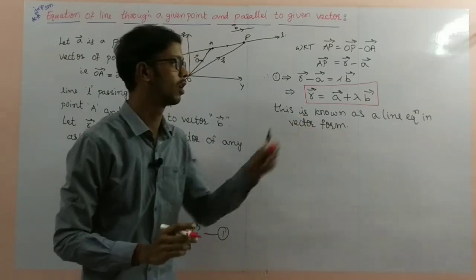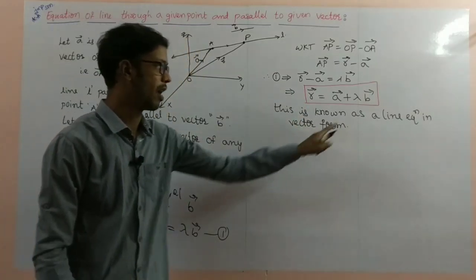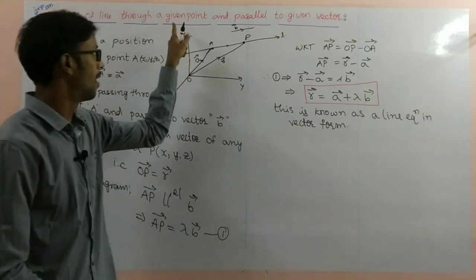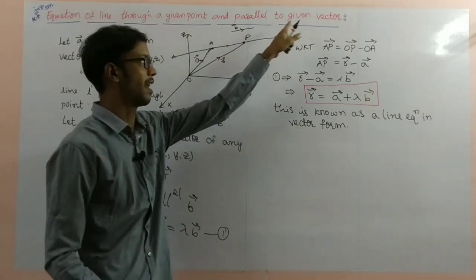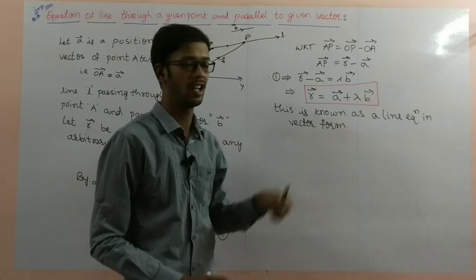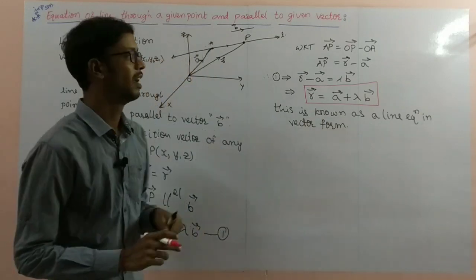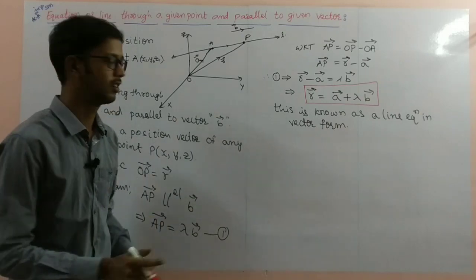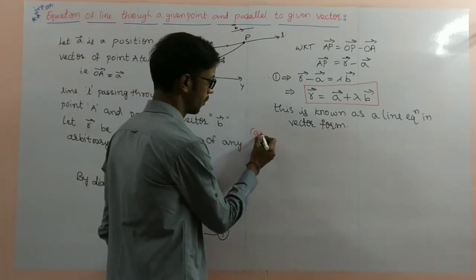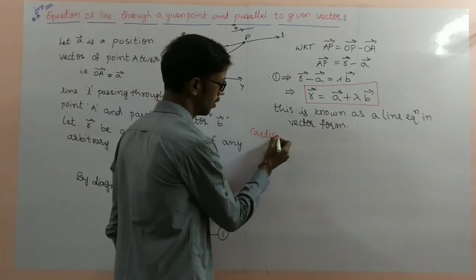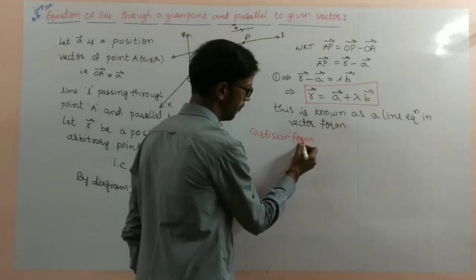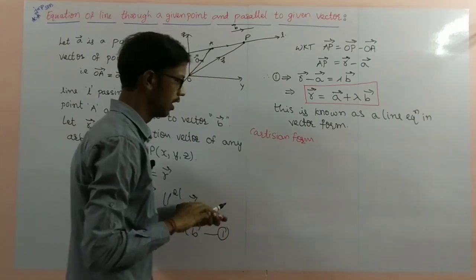R bar equals A bar plus lambda B bar is the equation of the line passing through a given point and parallel to a given vector, in vector form. Every equation has two forms: one is the vector form, another one is the Cartesian form.